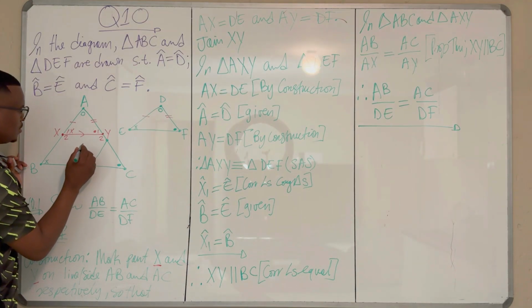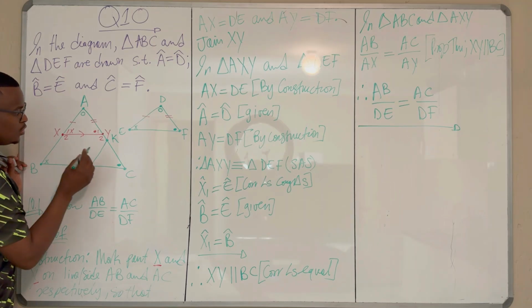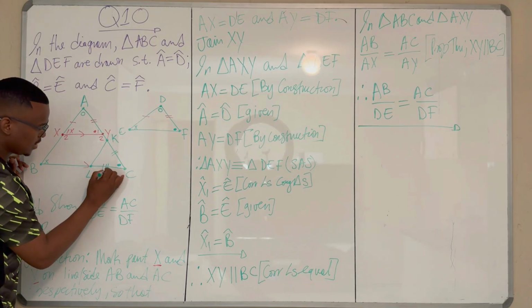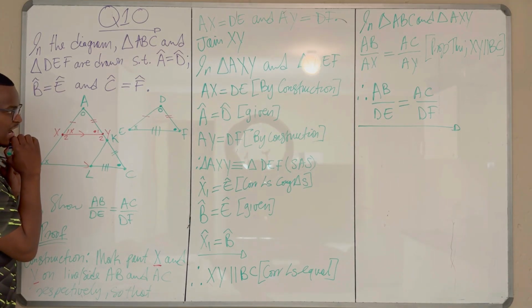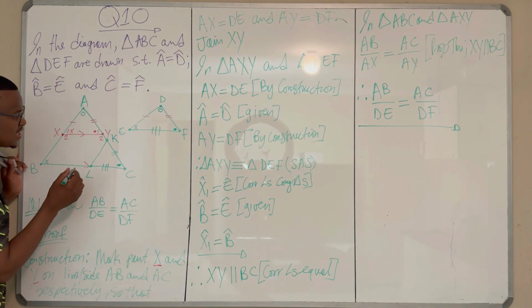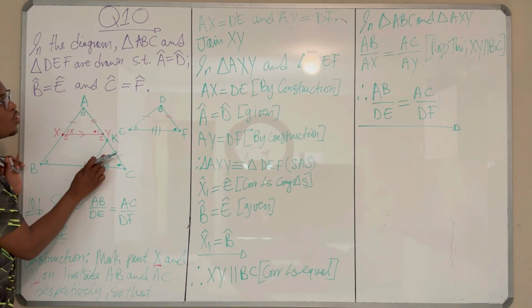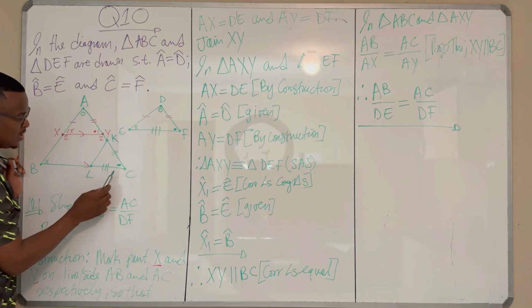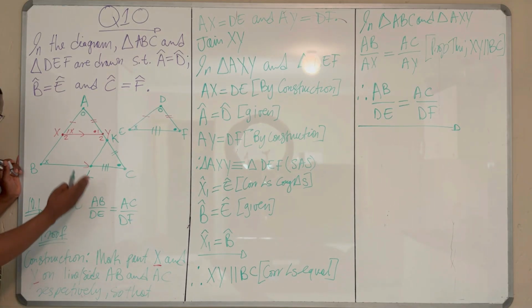Say this is K and say this is L, so that this side here is equal to that side, and this side here is equal to this one over here. Then show that these two triangles are also congruent, the same as we did here, because side, angle, side. And do the same thing.